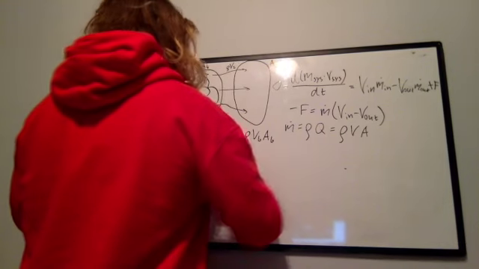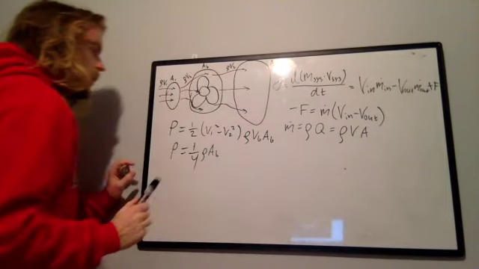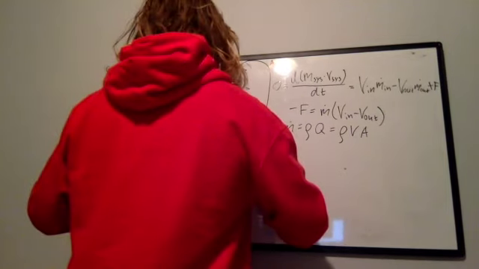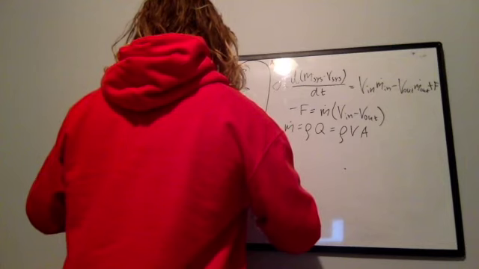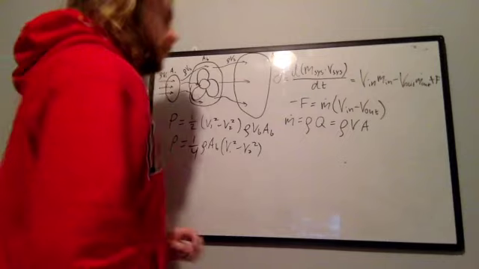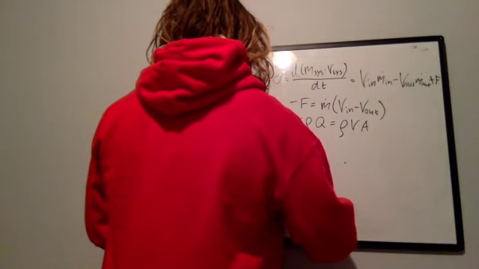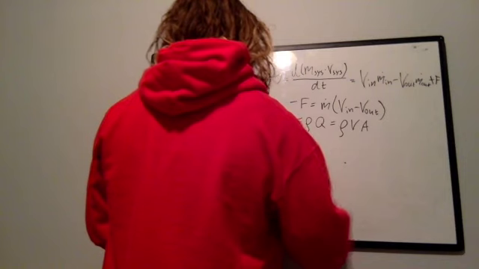So density, area, and then we had V1 squared minus V2 squared. And finally, at the end over here, we're going to have V1 plus V2.